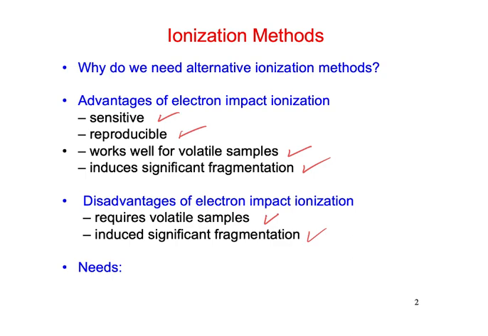Okay, so what do we need then out of other ionization methods? We would like to be able to analyze samples with higher molecular weights or masses, right? Analyze samples that are more polar. And if you actually add those two together, then what we're really looking at is to be able to analyze samples that are much more non-volatile.